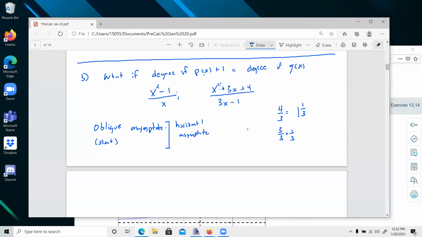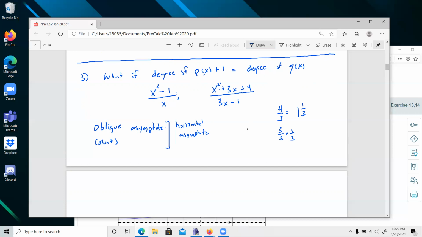As a matter of fact, you could say a horizontal asymptote is a special condition of oblique where it's flat and not slanted. They still count in the same category of how we deal with them. So that's just what we're going to go with.